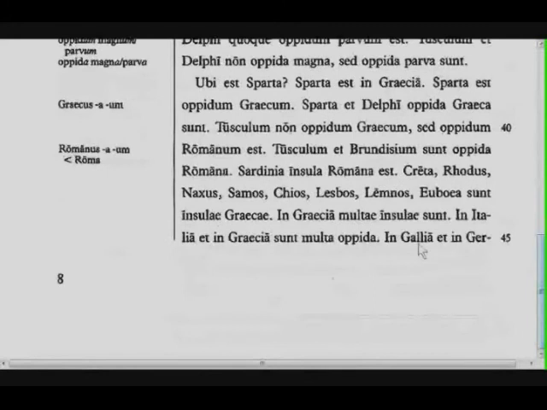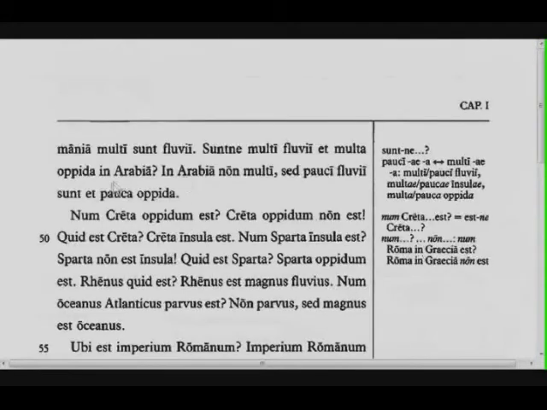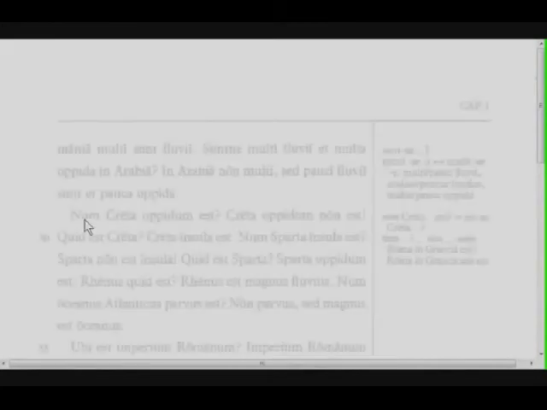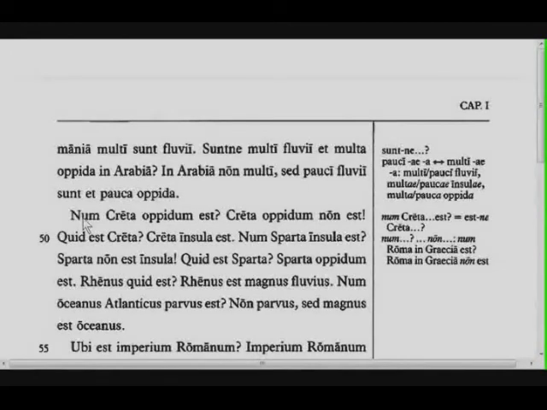Now I want to point out a feature in line 49. In line 49, we see the word num. Num Creta oppidum est. When you see the word num, it's like ne. It tells you that it is a Roman question. The Romans did not have question marks. They only had these marker words. Num is expecting a no response.